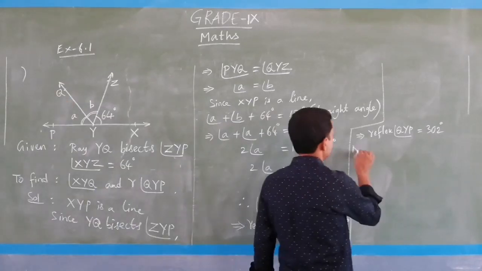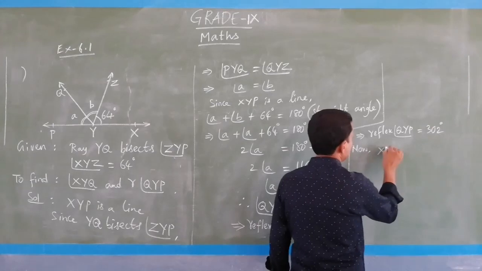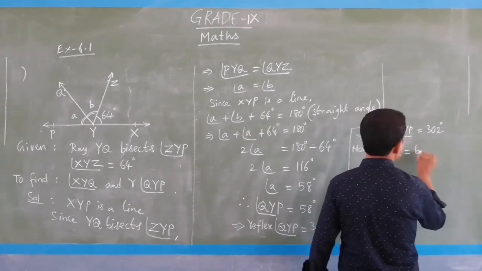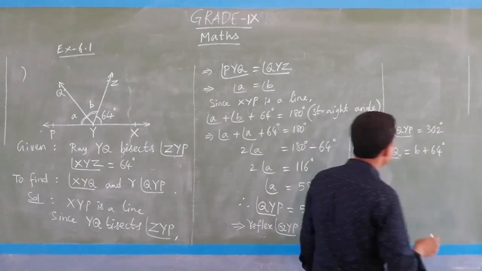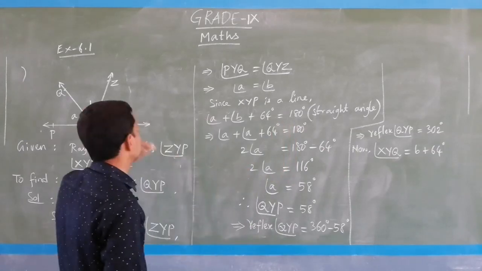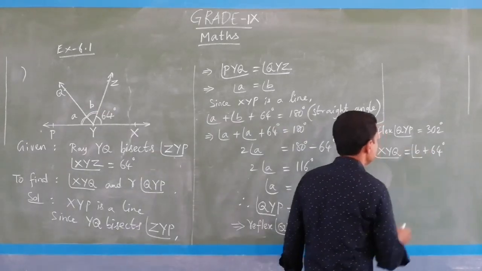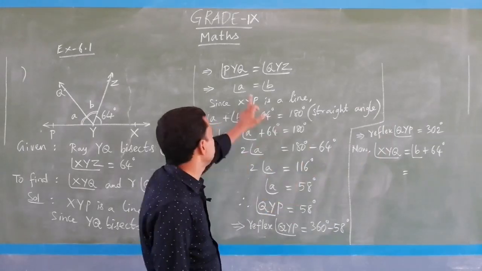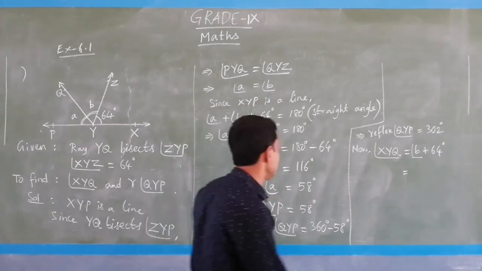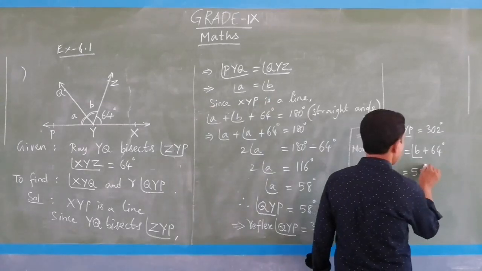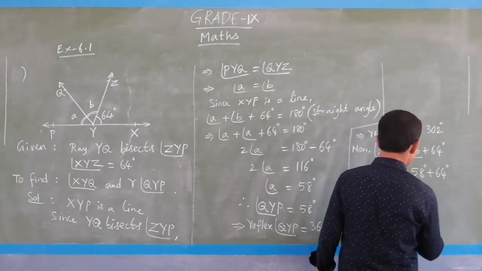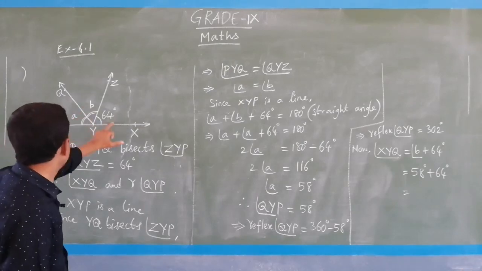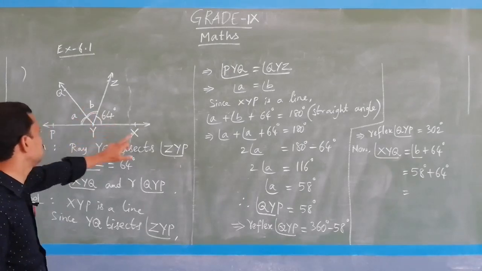Now XYQ is equal to B plus 64. From the figure we can have XYQ equal to angle B plus 64 degree. So what is angle B? We found angle A is 58, and angle A and angle B are equal, therefore B is also 58 degree plus 64, because angle B and this angle 64 together form XYQ.